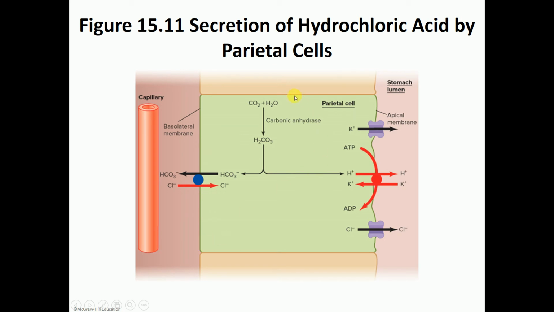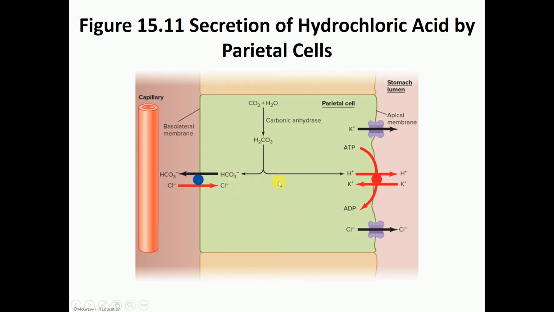Now inside of the cell, we are always making carbon dioxide as a waste product, and that carbon dioxide will combine with water to make carbonic acid, or H2CO3, and that is mediated by an enzyme known as carbonic anhydrase. Now that H2CO3 will break down into hydrogen ions and bicarbonate ions.